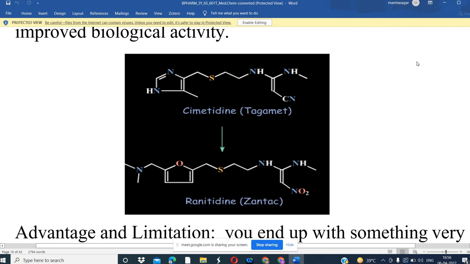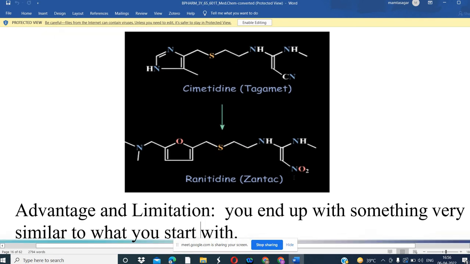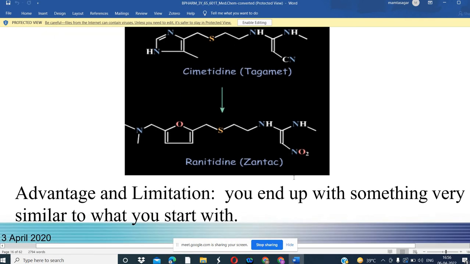Here we have one example of this drug. Here you can see the N is replaced by O. Now we have another drug, which is the derivative of this one. Ranitidine is the derivative of cimetidine, and it has improved activity.